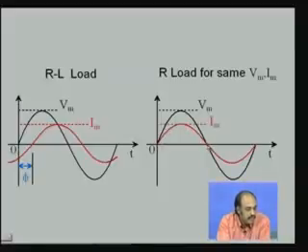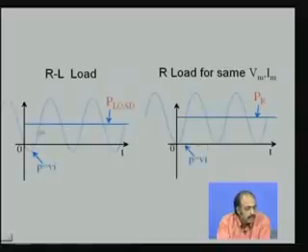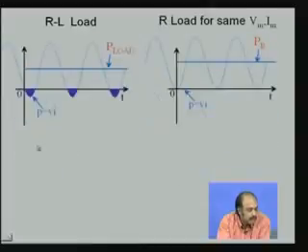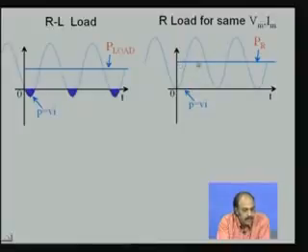So, you will see that in the case of the RL load the power has some negative portion here, and in the case of the resistive load there is no negative portion, and the average is PR here and the average P load is slightly lower than this because of the negative contribution, because the power is nothing but the area under the curve.